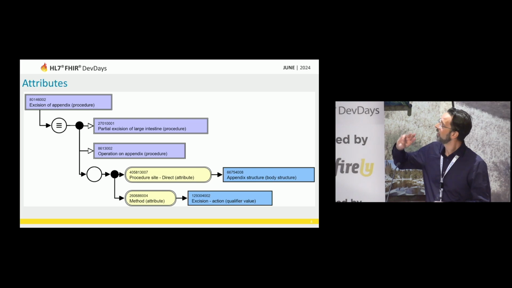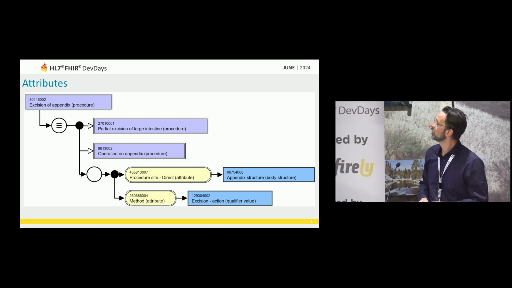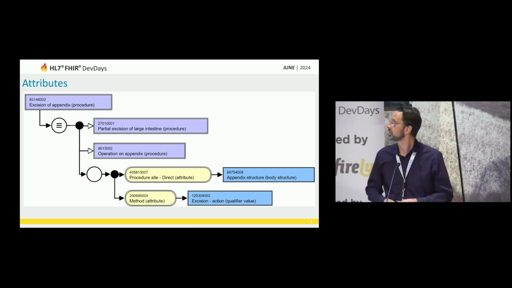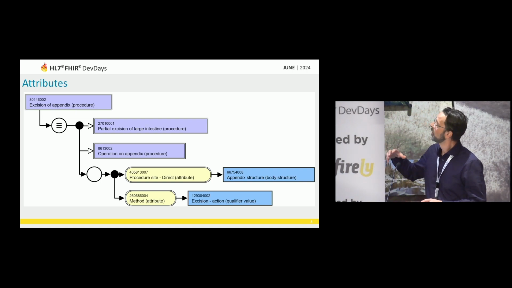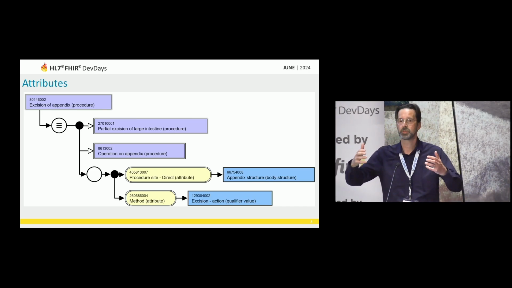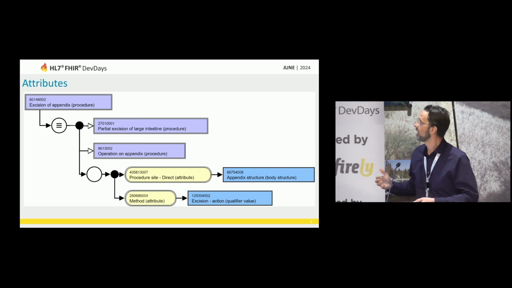The 3 lines in the circle there show that this concept is sufficiently defined in a logical sense. And what that means is, when I have any other concept, which I say is a procedure, and it has these same 2 relationships, procedure site of appendix and a method of excision, grouped together, those will be inferred to be a type of appendectomy.